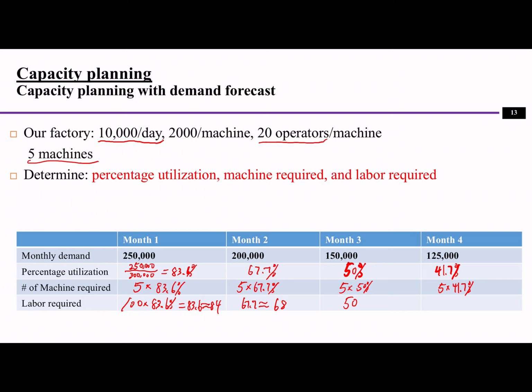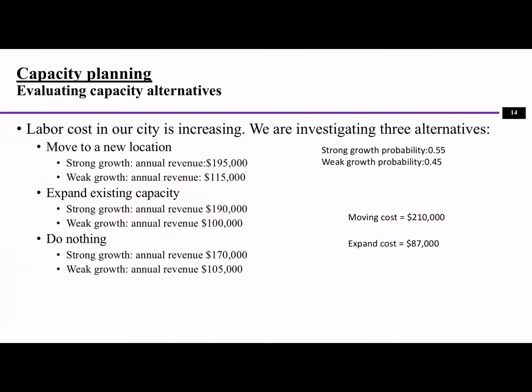And month 2 will be 67.7, round it up to 68. This will be 50. And month 4 is 41.7, round it up to 42. So this is how we calculate the capacity or the resources needed if we know the percentage utilization and also the demand. All right, so this is one example.